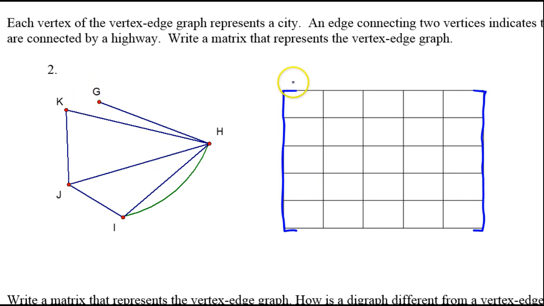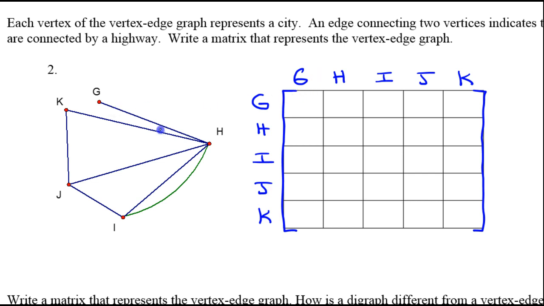So our letters representing our vertices are G, H, I, J, and K. So write them across the top. And we will also write them down the side. So G, H, I, J, and K.